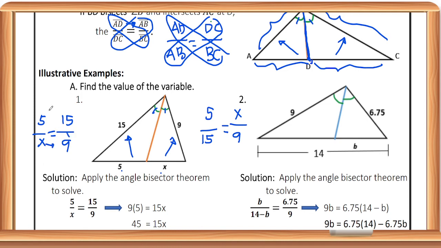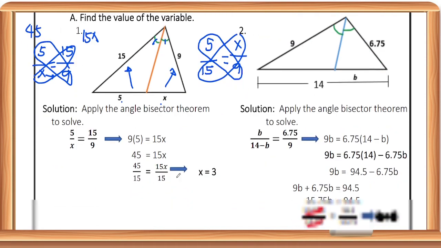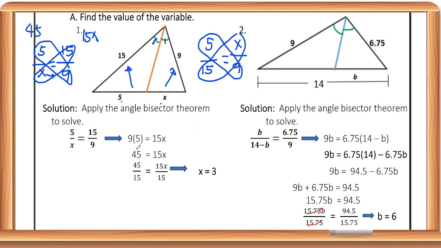Now, cross multiplying, we have 45. Cross multiplying, we have 15x. Parehas din sila, no? Kahit anong gawin niyo, ganyan pa rin ang mangyayari. So we have 15x is equal to 45.